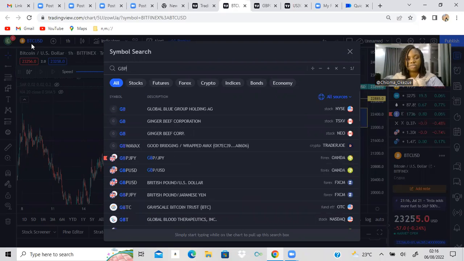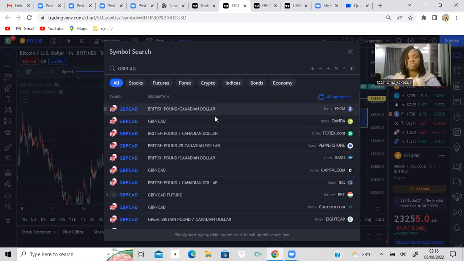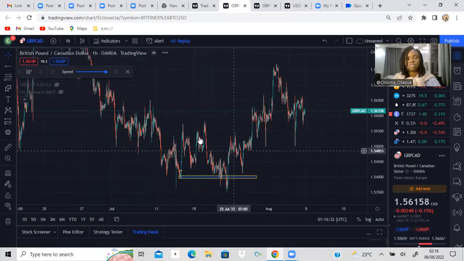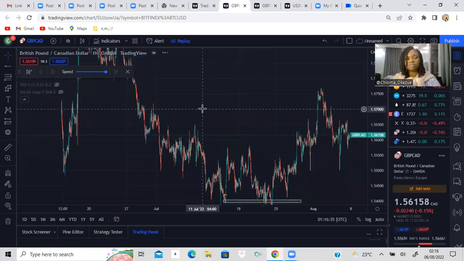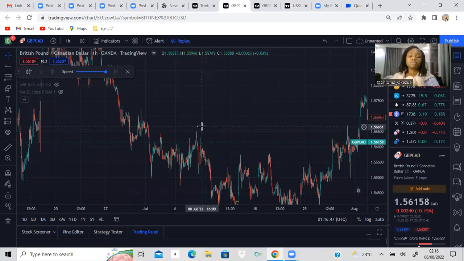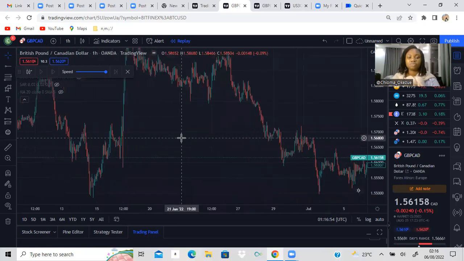GBP CAD. Okay. So what we saw here was the support. Now let's look for resistance. Let's see if we can find resistance. How do we find resistance? Resistance is when the market is going up and then breaks structure, and then what happens? All right, so this looks good.